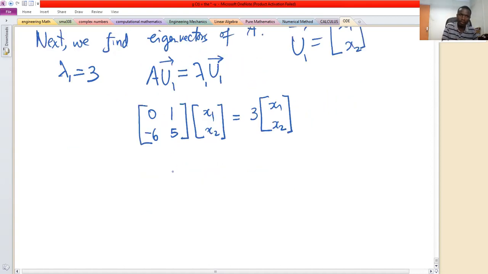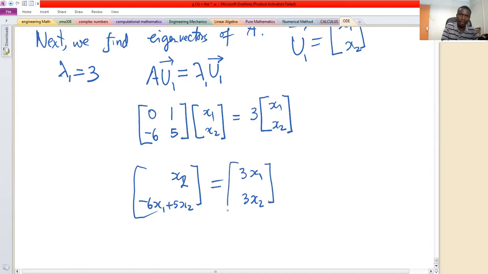And then we have x1, x2 minus 6x1 plus 5x2 will give us 3x1, 3x2. And for this equation to make sense, the first row and the first row should be equal, and the second row must also be equal.